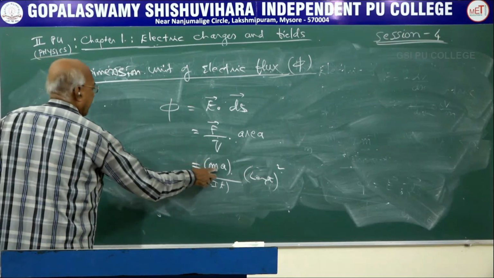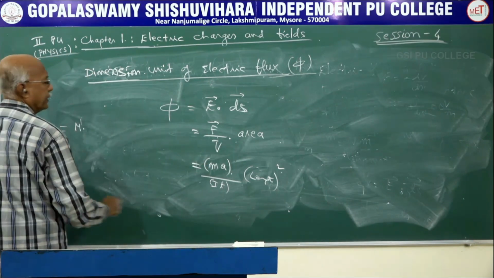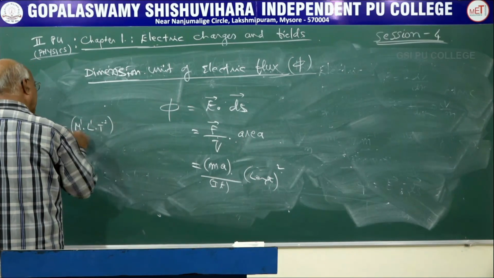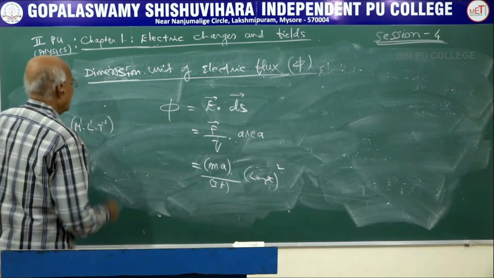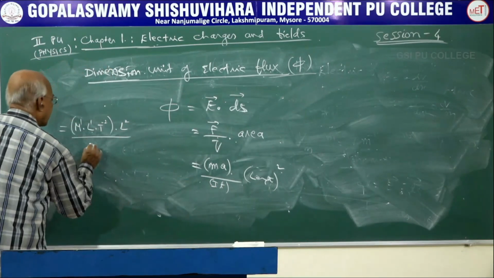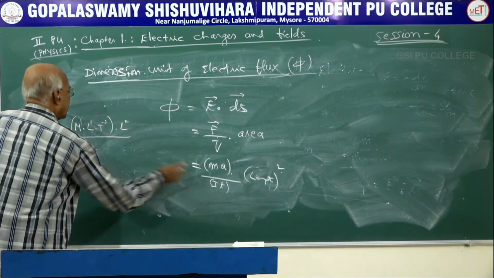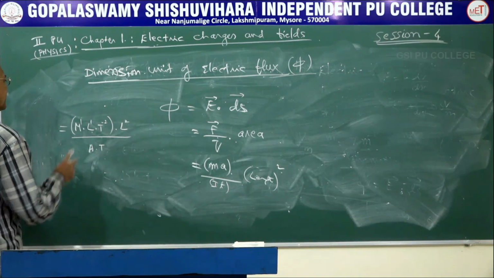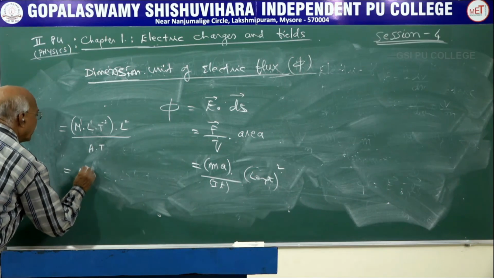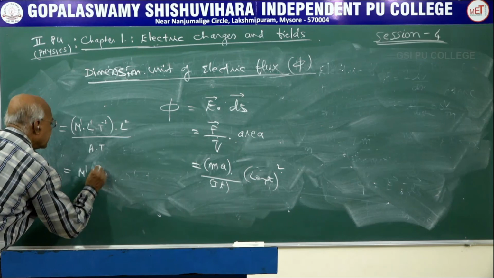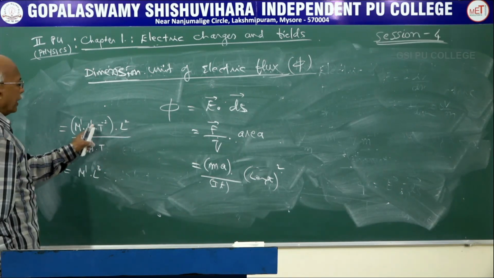Therefore mass is M to the power of 1, and acceleration is L to the power of 1, T to the power of minus 2. This is the dimension of force. The area is L to the power of 2. In the denominator, current is measured in ampere and time in second, T to the power of 1. Putting all this together, we have M to the power of 1, L to the power of 1 into L to the power of 2, which is L to the power of 3.